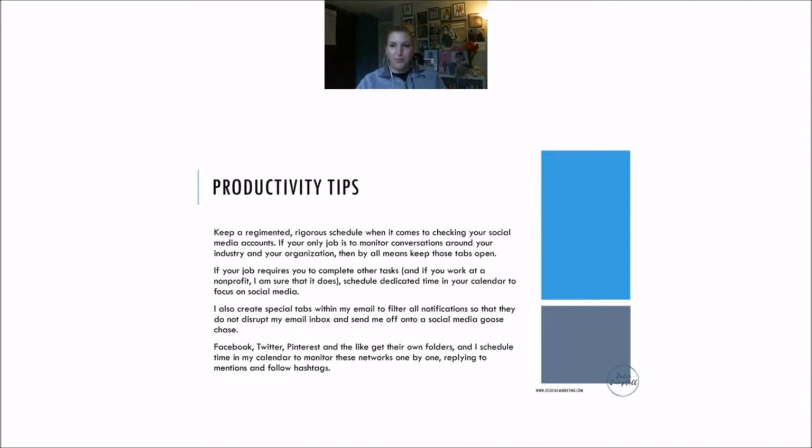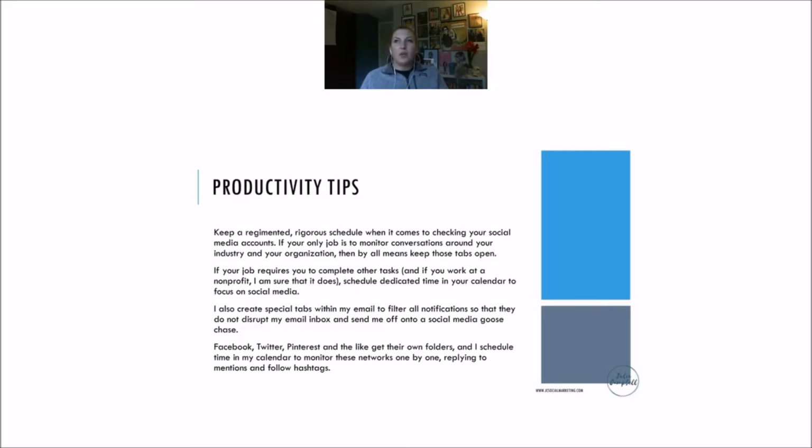So the key here is just to stay as focused and on track as possible. I recommend keeping a regimented schedule, assigning those 20 minutes every day and having them in your calendar as non-negotiable time. I'm sure you're going to be completing other tasks, so schedule this dedicated 20 minutes when you're not going to be interrupted.